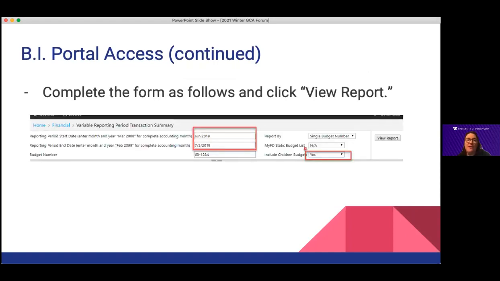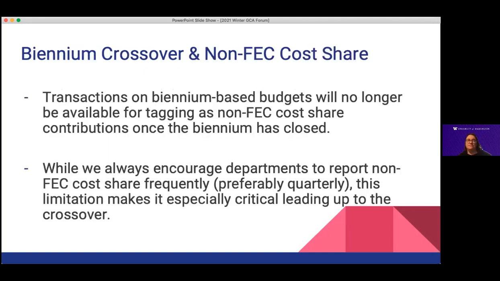This will bring up a form where you can put in the dates, and this does have the 2019 dates, which you do June 2019, in this case will be 2021 next time, to get the full month that's already there. And then for the end date, you'll put in that exact July date. And you'll include the budget number. And assuming your sub-budgets are reported or invoiced along with the parent, which in most cases they are, you'll want to include children budgets. Next slide.